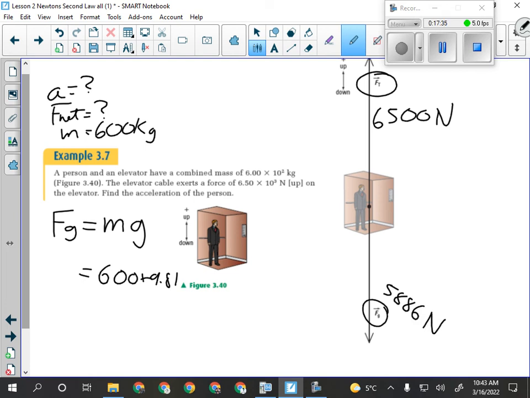Okay, can I find the net force now? Yes. Okay, so my net force is going to be 614 newtons up. Can I calculate the acceleration of the elevator?